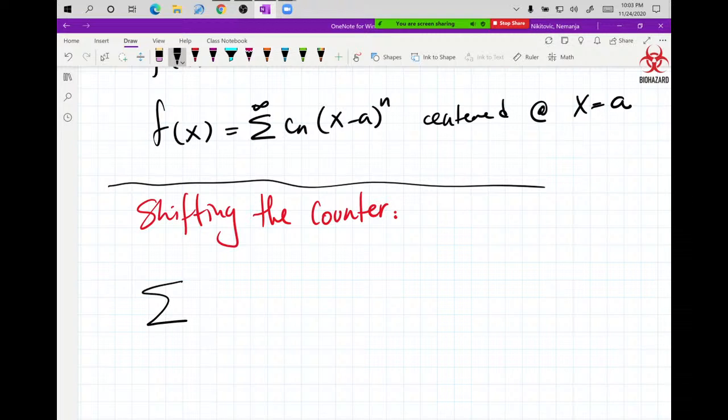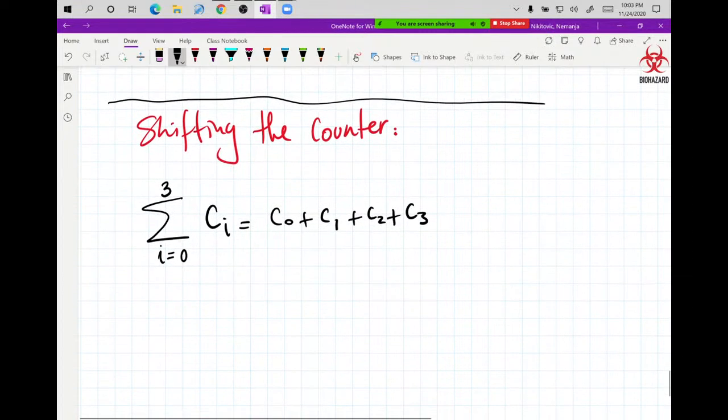See, when you have a power series that starts at, let's say, i equals 0 to 3 of, let's say, Ci as the index, all you get to write here is C0 plus C1 plus C2 plus C3. You don't know what these C's are or whatever. You just have this as the index, and then it gets spelled that way.